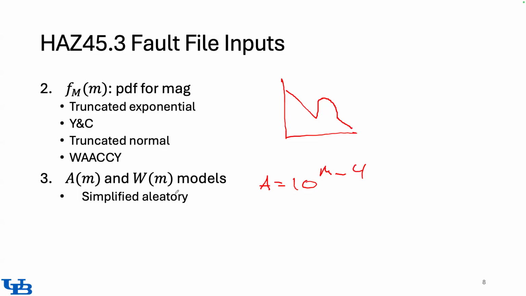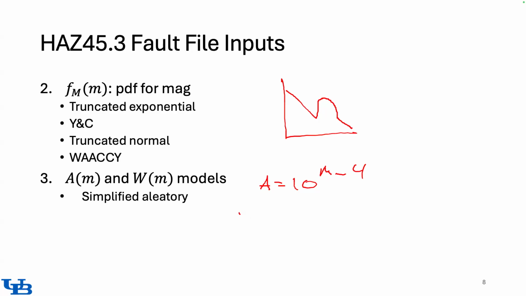Similarly, you can define how the width should scale with magnitude and what is the maximum width that you allow. The reason that this needs to be specified is because for every magnitude it will evaluate its area, its width, and then it has the full dimensions of the rupture relative to the fault.